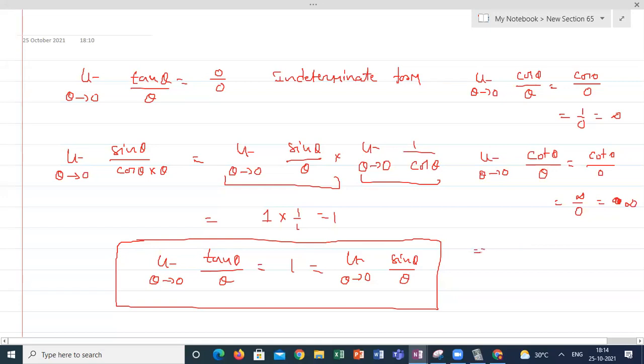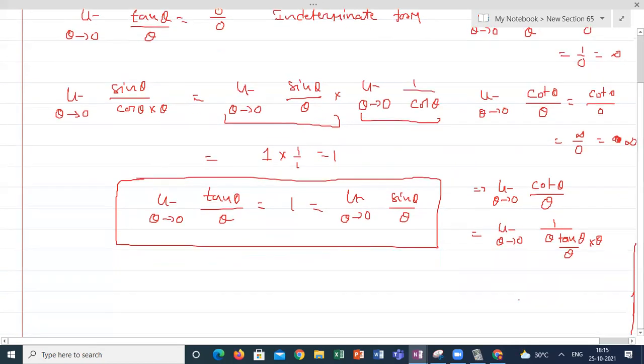Let's see how it will be. Limit theta tends to 0, cot theta by theta. This can be written as limit theta tends to 0, 1 by theta tan theta, and divide with theta and multiply with theta. So I will get limit theta tends to 0, 1 by theta square into 1 by limit theta tends to 0, tan theta by theta.